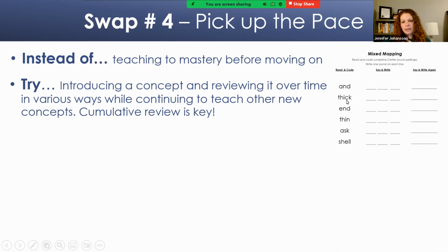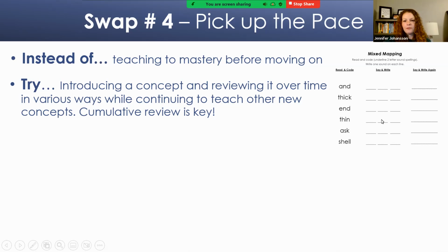At least in my sequence, I do like to teach CK very early on, but then that gets added in. So after I teach the digraph TH, then I bring in the CK with it. They can build a word like thick. So having the students review in a variety of ways and also having the learning build on each other, that's what we mean by cumulative review, sort of like a snowball.